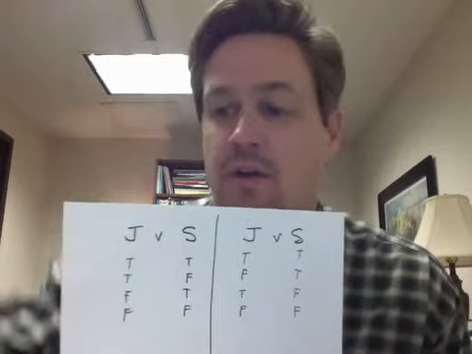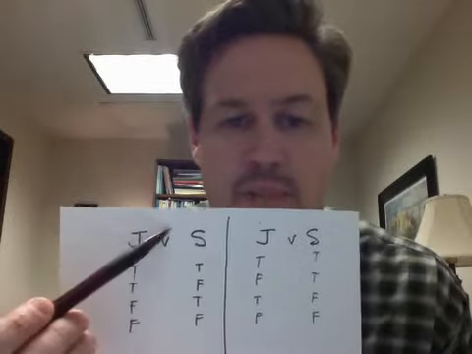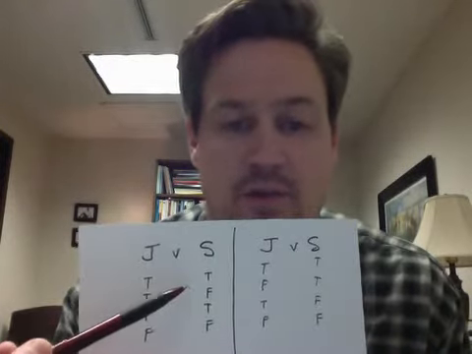When we get out our handy truth table quick reference guide and we look for the operator, in this case the final operator is the wedge, the either or, and when we look at the either or, we see that the only way the either or ends up false is if both sides are false.